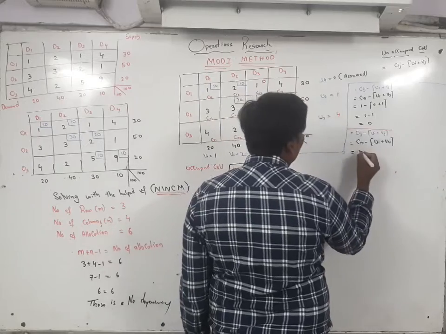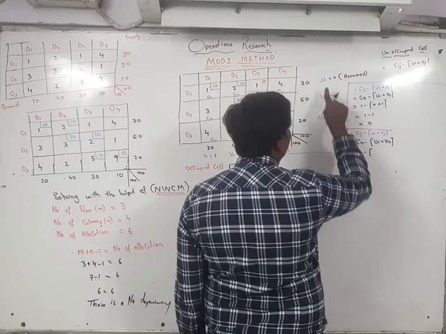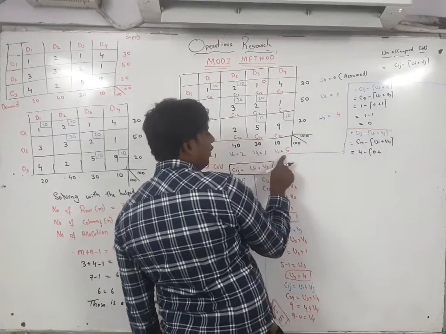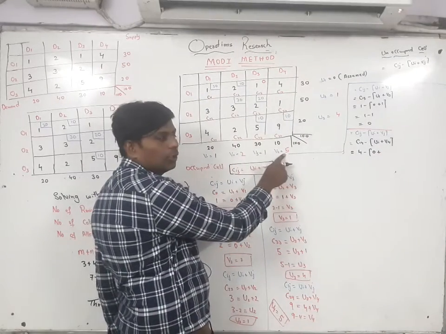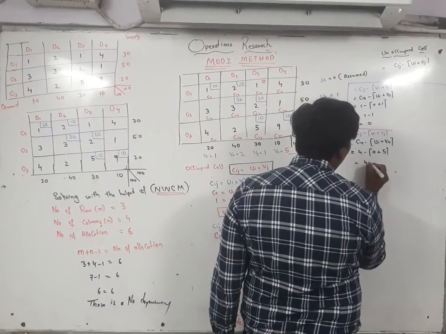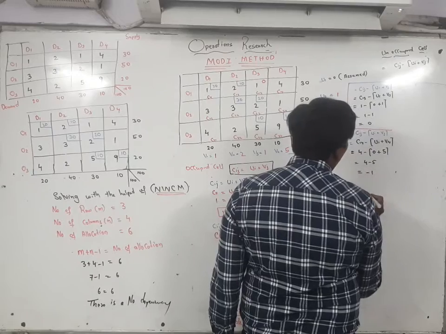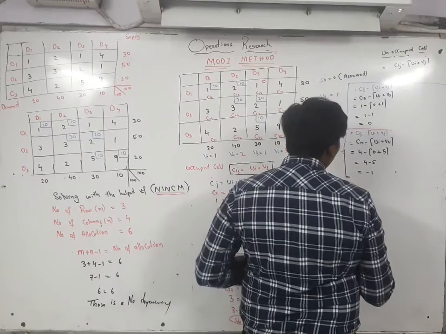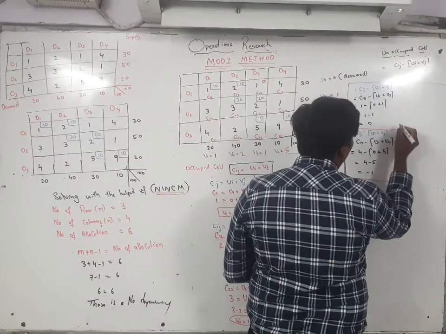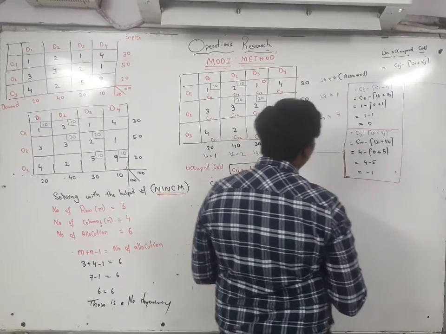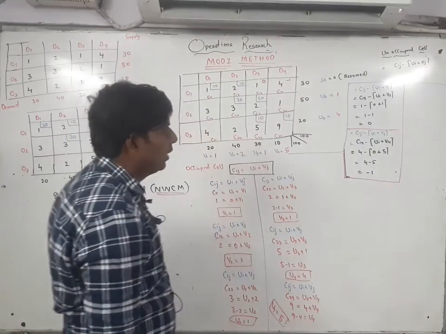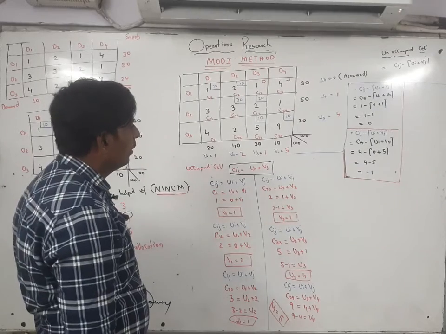What is the value? 4 minus the u1 value, which is 0, minus the V4 value, which is 5. So 4 minus 5, the answer is minus 1. So here you can write minus 1. Next one you have to find.